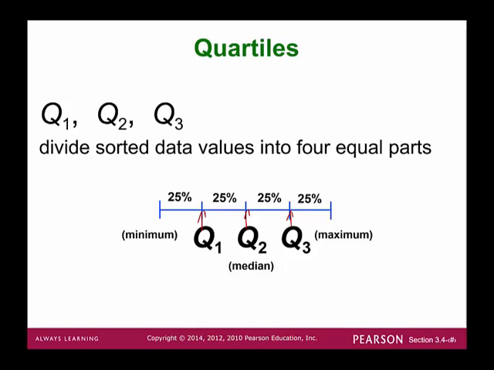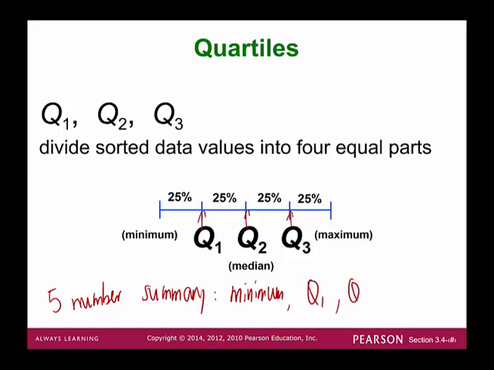So this is what we call the 5 number summary. Here we have the minimum, quartile 1, quartile 2, quartile 3, and the maximum. We're using those 5 numbers to summarize the entire data set.